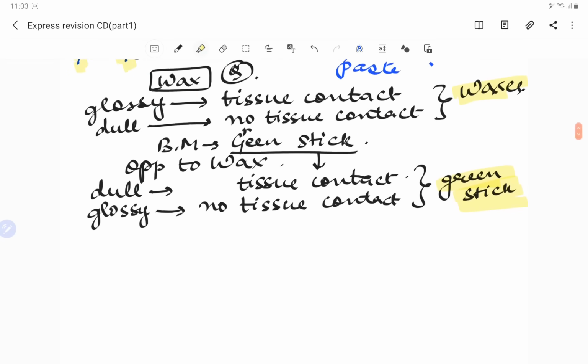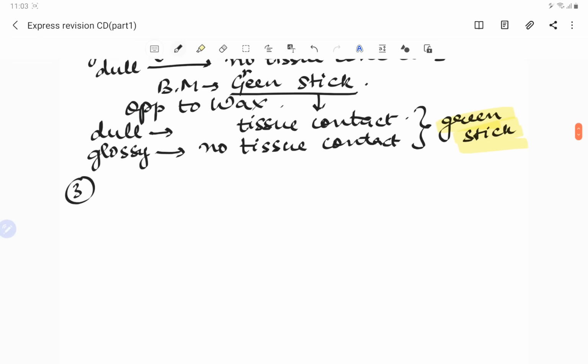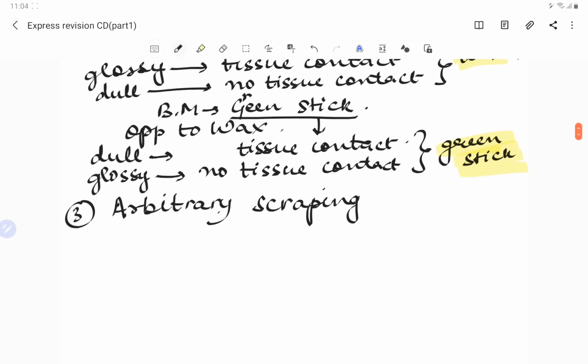Okay. Next one, third one we have is the arbitrary scraping of the master cast, or we can say empirical method. There are so many authors who have given their own scraping width and depths.